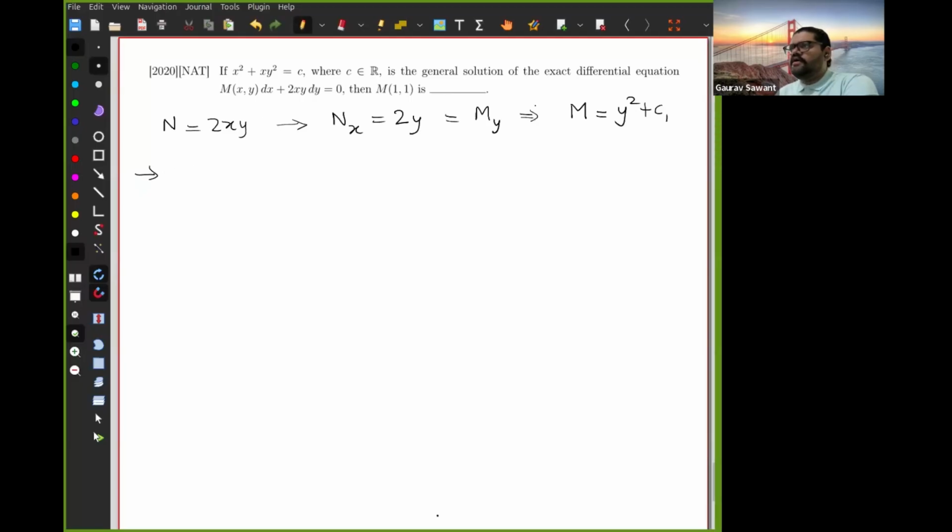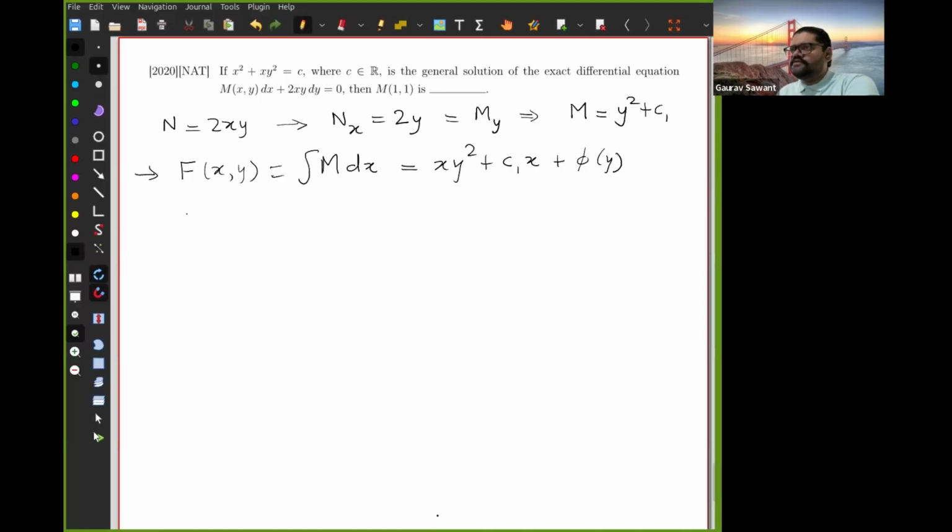I can either do it this way or go through N, but let's go through M for this one. So my f of xy, which is expected to be the solution, would be of the form integral M dx, which will become xy square plus c1x plus some function of y.